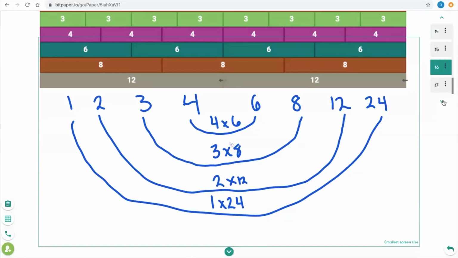So now that we have all of our factors listed for both of these numbers, let's go through and find the factors that 20 and 24 have in common. So let's list all of these factors on our next page.